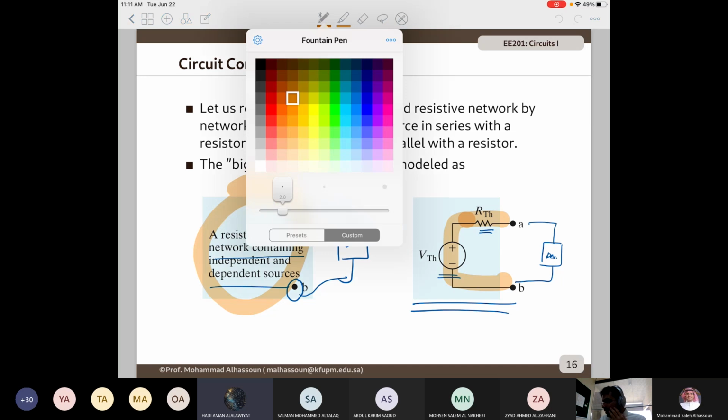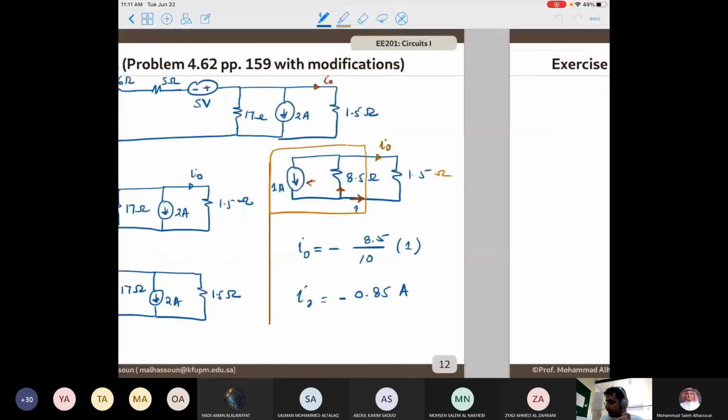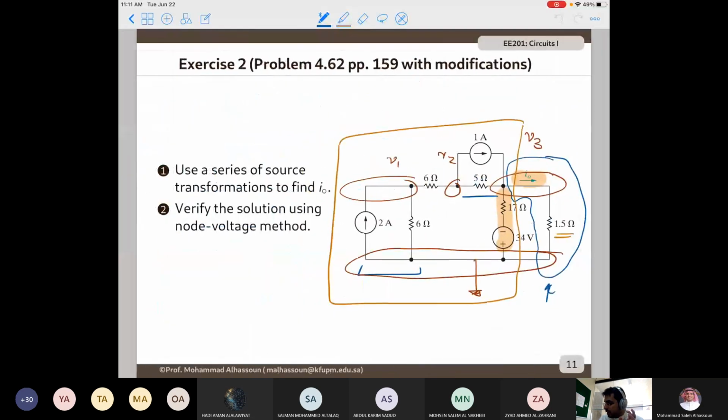Yeah, you need to find the representation. If you decide, okay, in this case I assume that this one will be my load, then this is the circuit that creates a voltage source or a power source for my load.